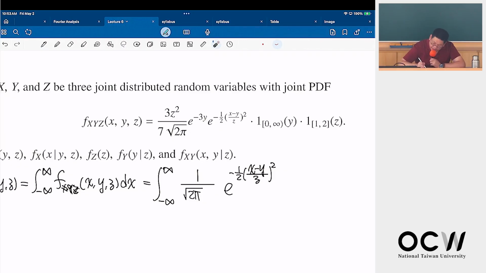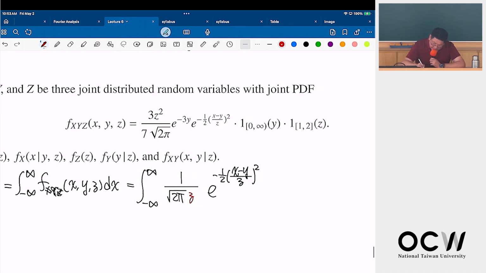Something squared divided by 2z squared, so we can think of this as your variance. We put z here, and since I have z in the denominator, I need to compensate, so I have a z back times z.